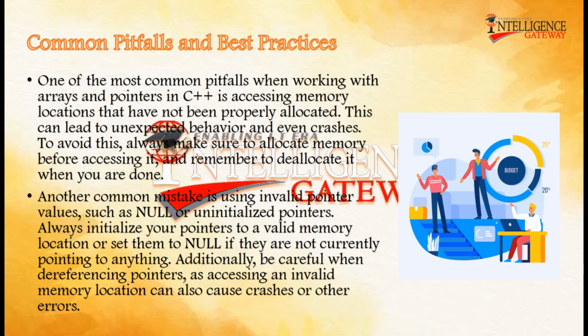Another common mistake is using invalid pointer values, such as null or uninitialized pointers. Always initialize your pointers to a valid memory location or set them to null if they are not currently pointing to anything. Additionally, be careful when dereferencing pointers, as accessing an invalid memory location can also cause crashes or other errors.